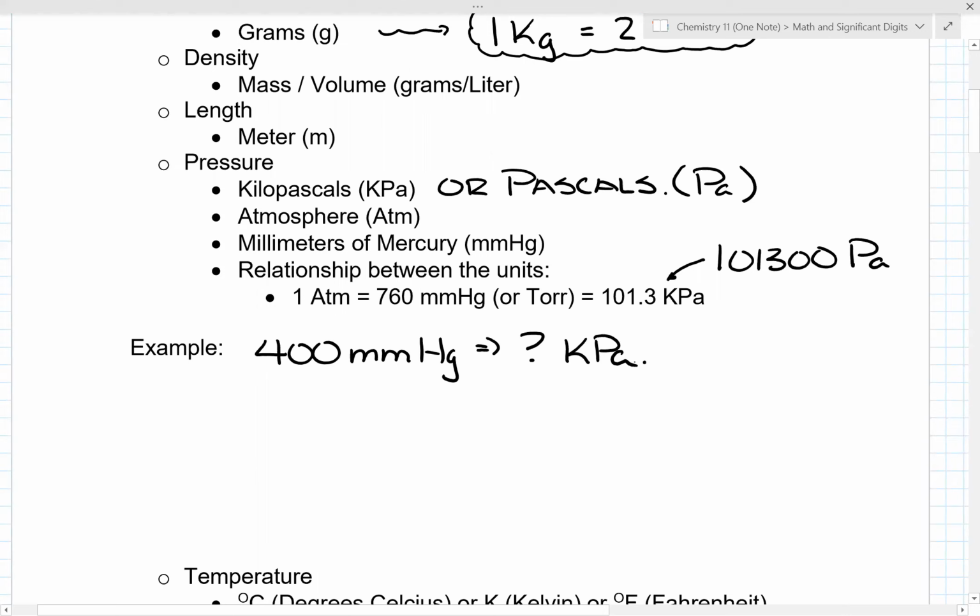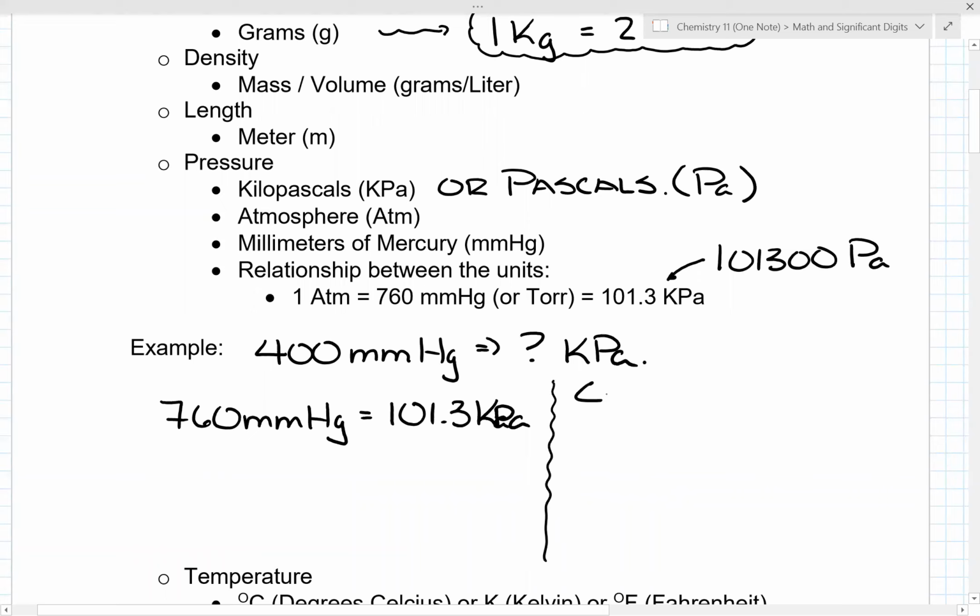The one thing you should recognize from this conversion is 760 millimeters of mercury is equal to 101.3 kilopascals, kPa, sorry. And what we do with this relationship is we cross multiply.